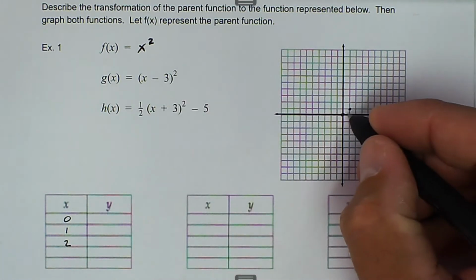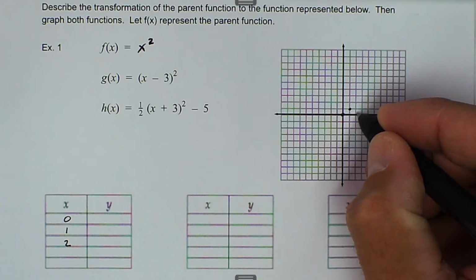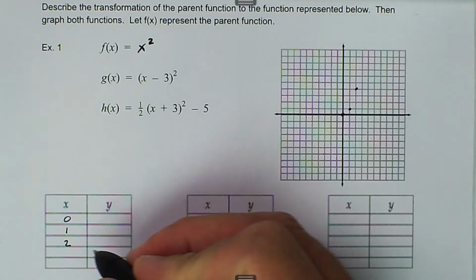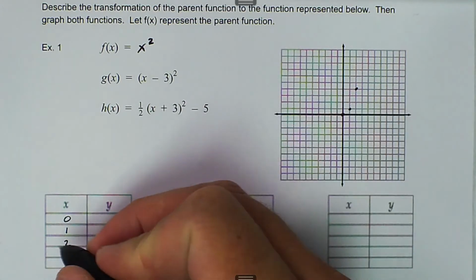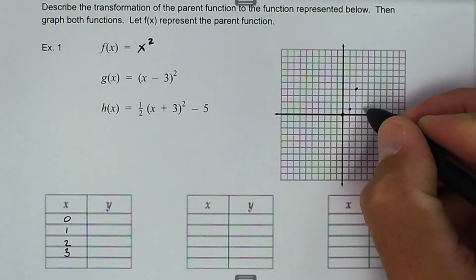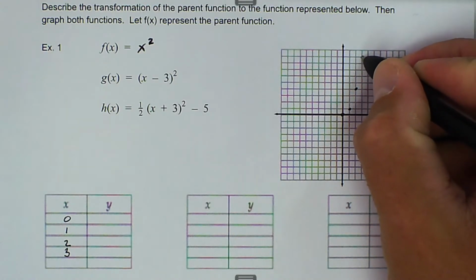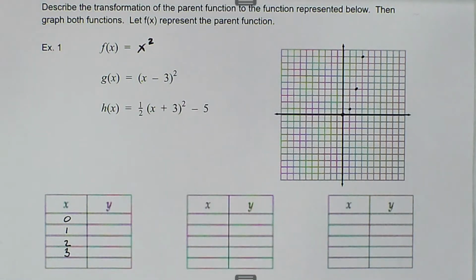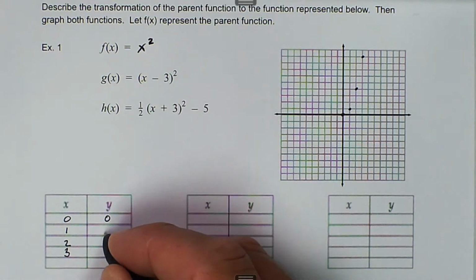And 2 squared is 4, over 2, up 4. We can also do 3, so we go over 3, up 9, because 3 squared is 9. So we have 0, 0, 1, 1, 2, 4, and 3, 9.